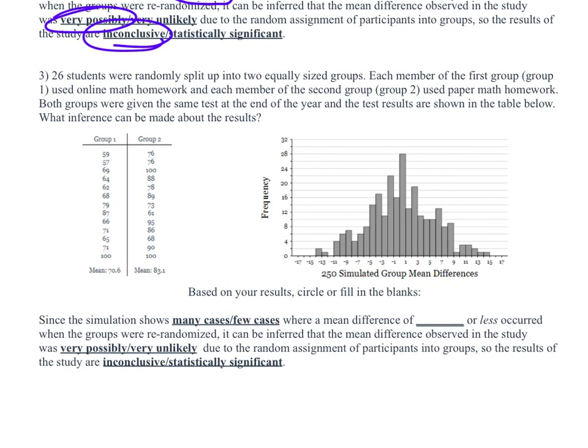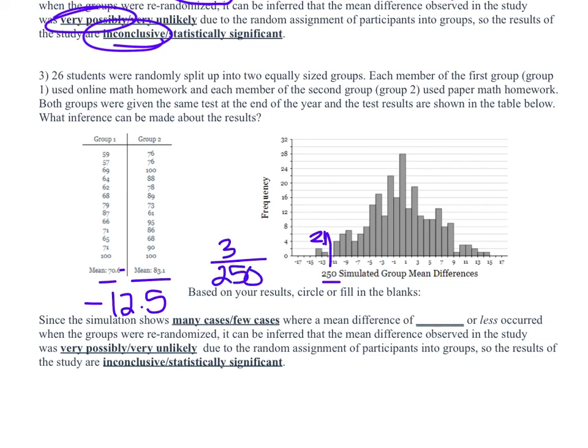Okay, determining statistically significant: subtract the two means, the first group minus the second group always, so it's negative 12.5. So we find negative 12.5, there's negative 11, so this is right around here. So this is 1 and 2. Seems like there's not many, so there's 3 items out of the 250.